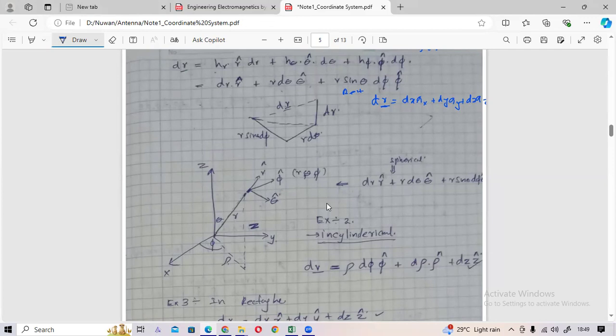These are derived from the curvilinear concept. You need not have the concept, but it is better to keep the idea about these three.